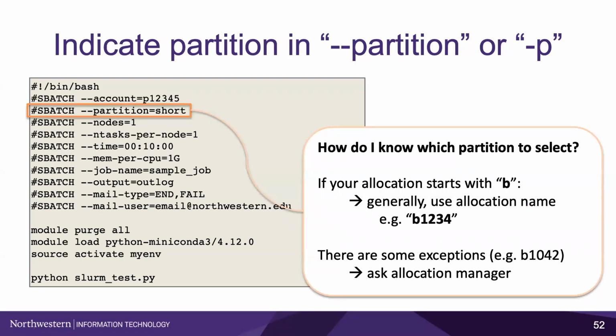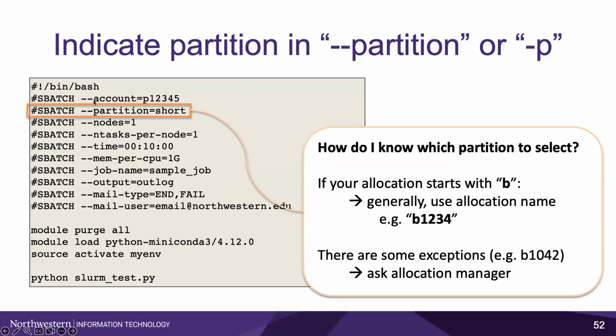And things are a little bit different if your allocation is a buy-in allocation. So here, as I wrote on the slide, if your allocation starts with a B, generally you can simply put the allocation name in this partition directive.